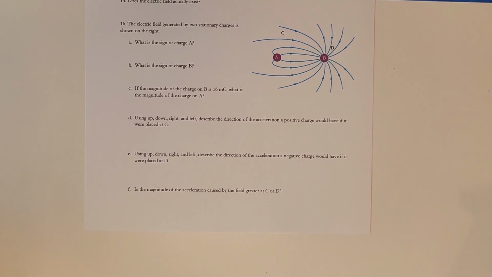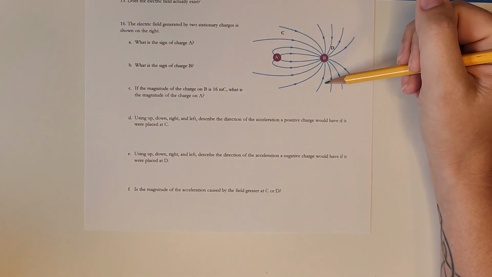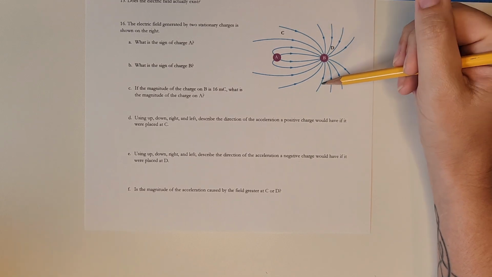For F, is the magnitude of the acceleration caused by the field greater at C or D? The answer is going to be D, and that's because the force is proportional to the number of field lines that are in the area.